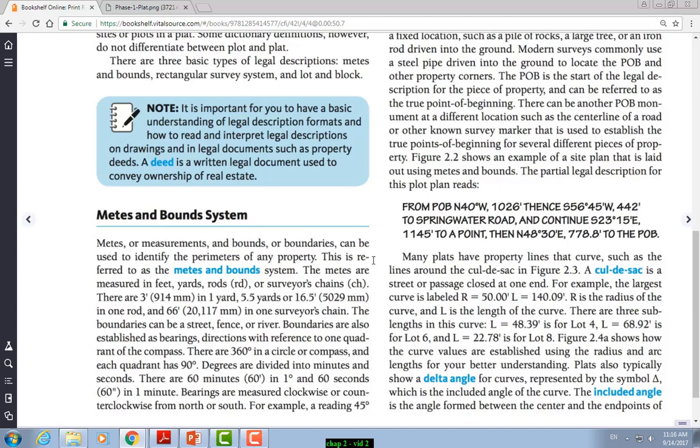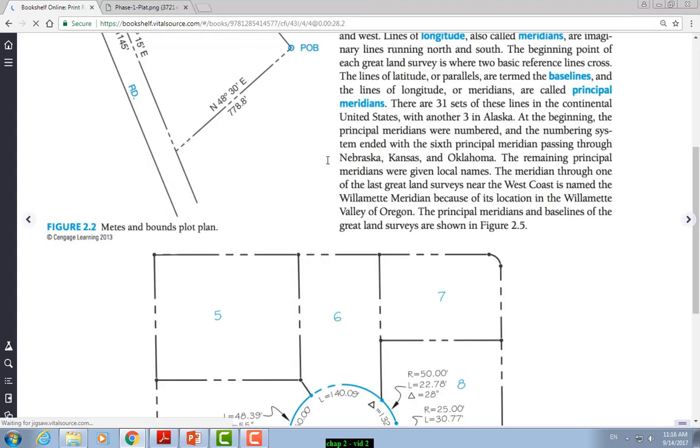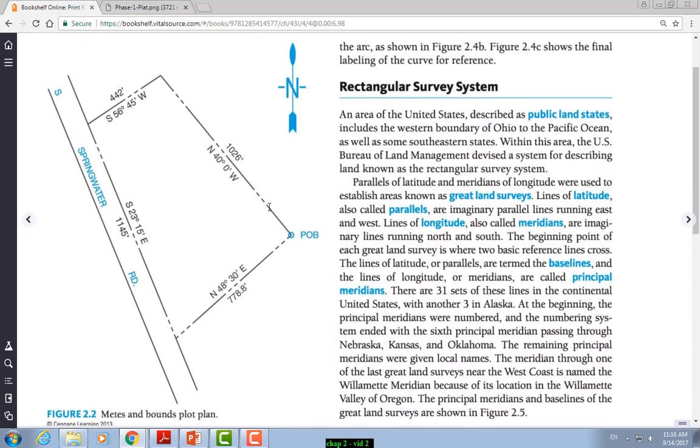So from the point of beginning, you start laying out your property. It's very important to know exactly where you're at, and you do that with a point of beginning.